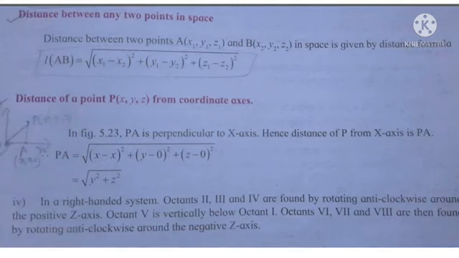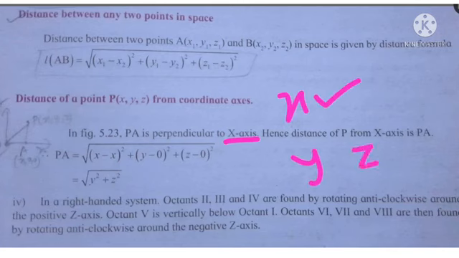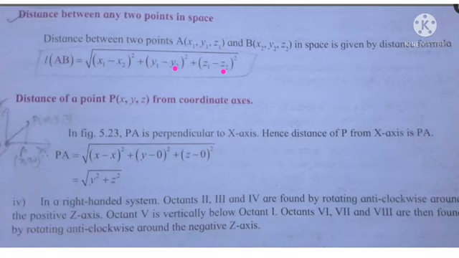Next, distance of point P(x, y, z) from the coordinate axis. We have to find it from the axis. Let PA be perpendicular to the x axis, hence distance of point P from the x axis is given by this. See, the foot is on the x axis, so its x coordinate is present and y and z coordinates are absent. Okay, so in this formula you replace y2 and z2 as 0. So we get PA is equal to root of (x minus x) bracket square plus (y minus 0) bracket square plus (z minus 0) bracket square.